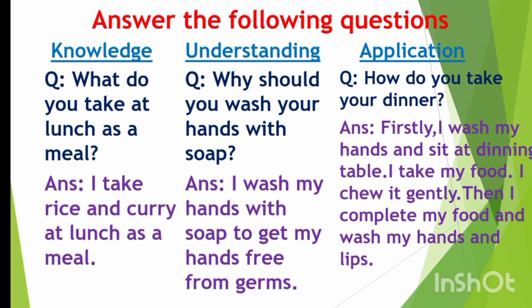Okay, as this is the application based question, here you have to write down 3 sentences at least. Okay, so students, in this way you have to follow the questions and write down these 3 questions answer.